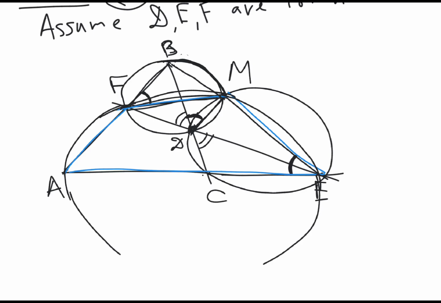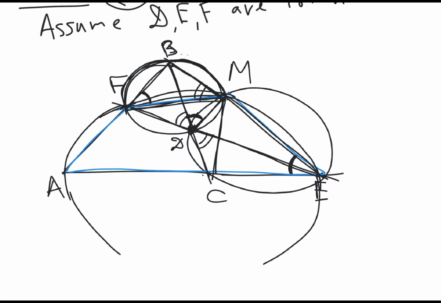So if you draw it like this, FDB is equal to this angle FMB, right? Because they both subtend the arc FB. So FDB is equal to FMB. And in the other circle we have CDE is equal to CME.